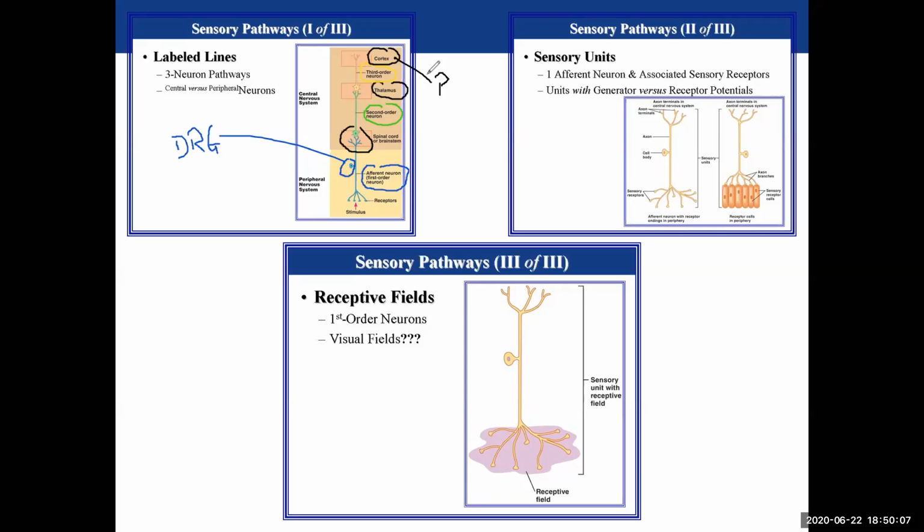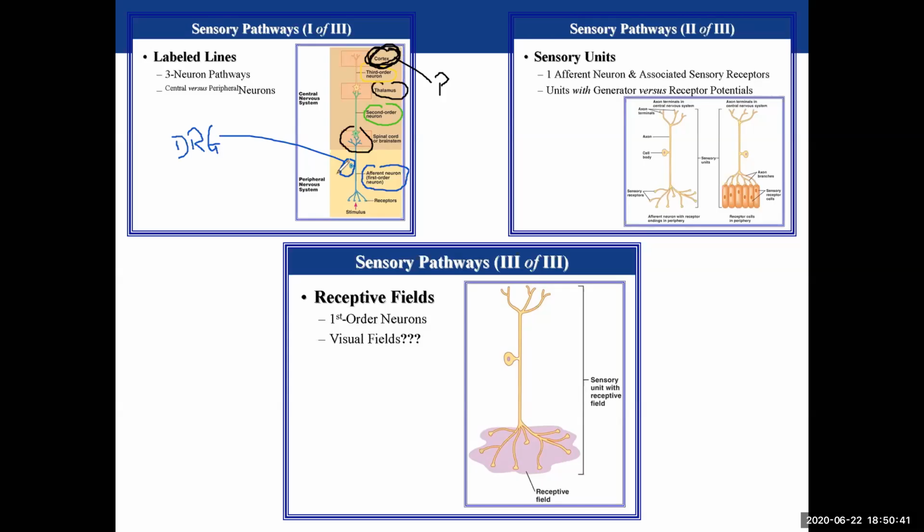This is where a sensory stimulus becomes a perception. This is where you become consciously aware of a sensory stimulus. So if the signal fails to get to the primary somatosensory cortex, the individual is oblivious to the existence of that stimulus.